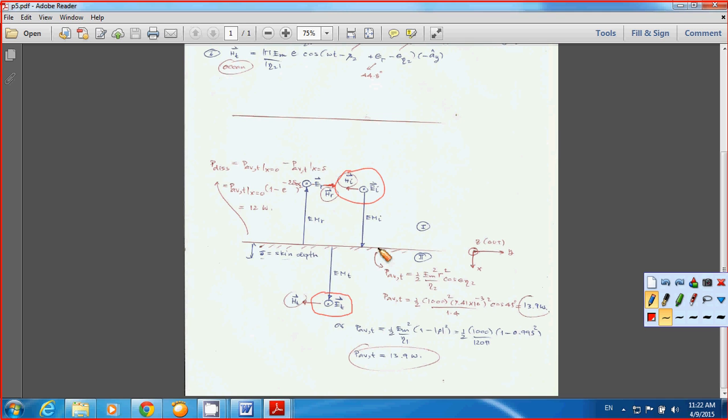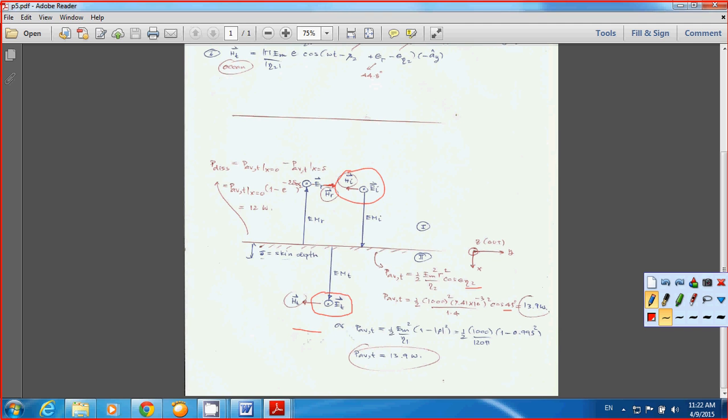And if you take a look at the surface, the time varying power density, PAV of the transmitted wave, is going to be equal to 1 over 2 EM square tau square over eta 2, and then cosine theta of eta 2. Okay, this is concerning the transmitted electromagnetic wave. Just plug in the numbers, you end up with the P average to be 13.9 watts.